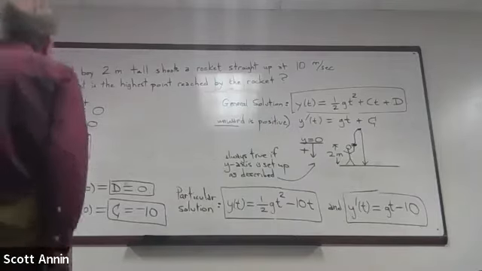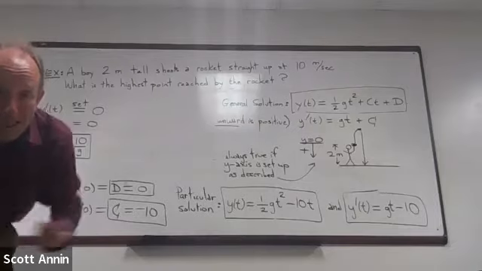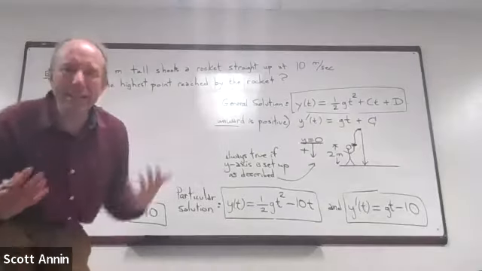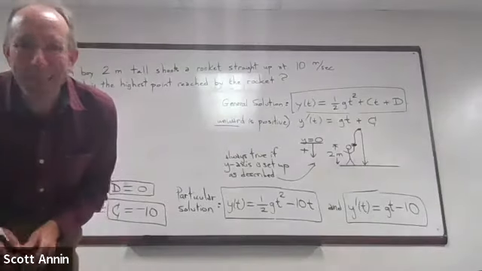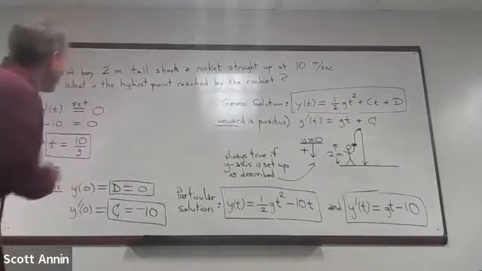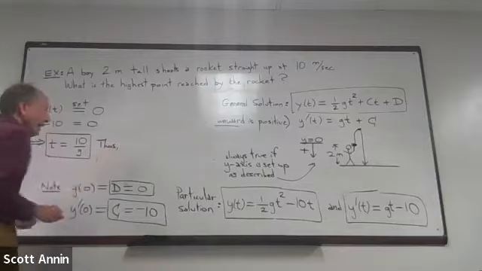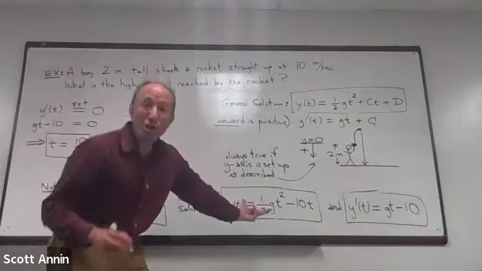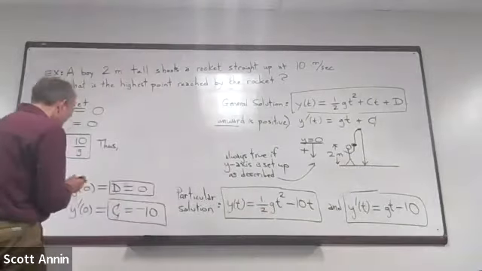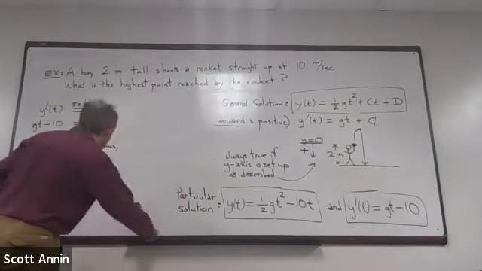And so once I know the time that this is happening at, hopefully I can now find, well, what is the position of that object at that time? What is that highest point? So I'm actually going to plug this value of t into the position equation now, right? In fact, let me come right down here so that I can do that.